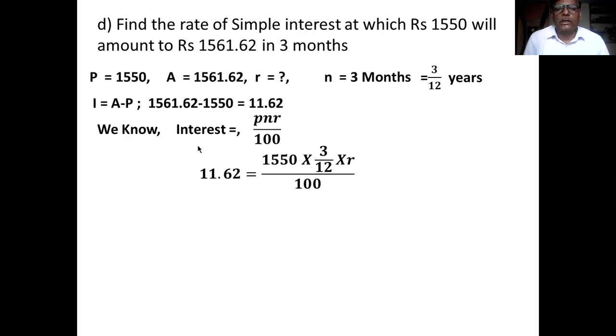Then you take this 100 to the left hand side. Then multiply and simplify the left hand side and right hand side. Thereafter, you interchange the required numbers.